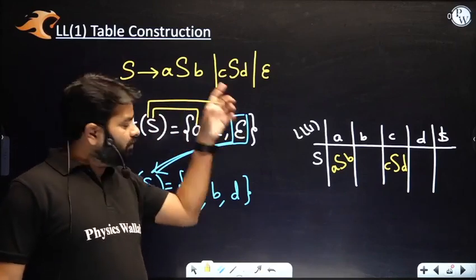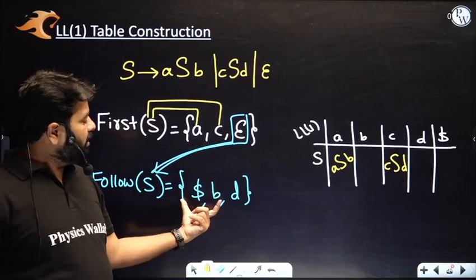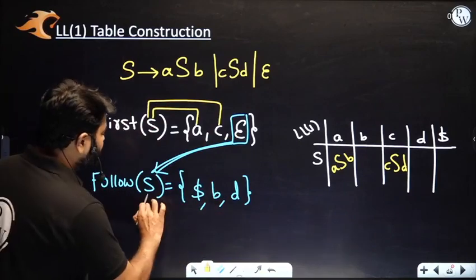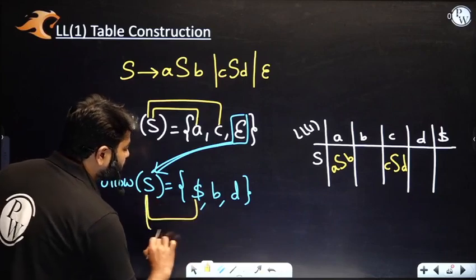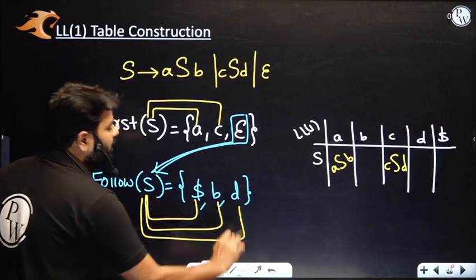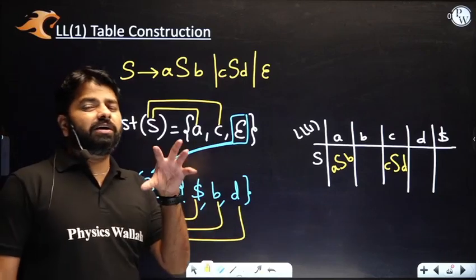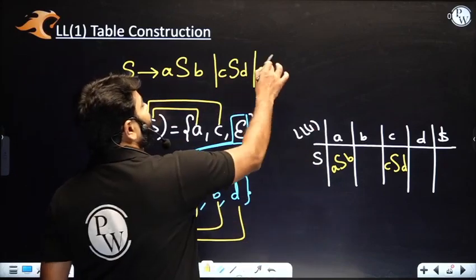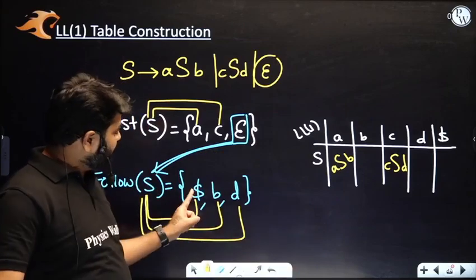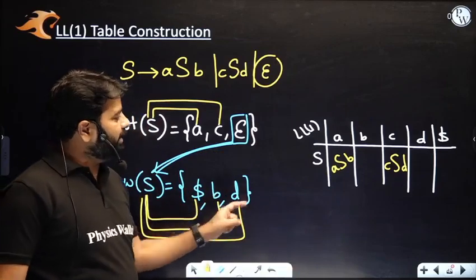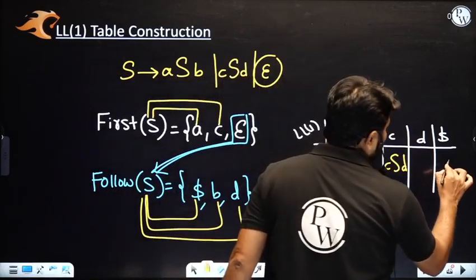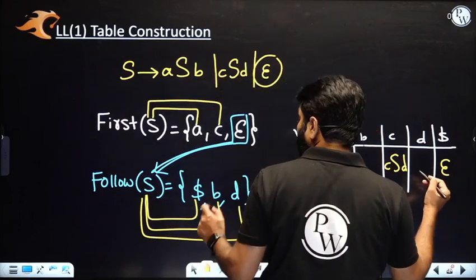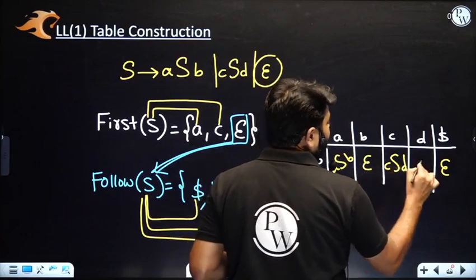Now, this is over. Because of this epsilon, we have these 3 terminals which come after S. That means now you have to look at S comma dollar, S comma B, S comma D. These are especially for null rules. But the null rule, here you can see directly, that is why you can write epsilon in these 3 columns: dollar, B, D. Dollar epsilon or S arrow epsilon, both are same, epsilon, B epsilon, D epsilon.